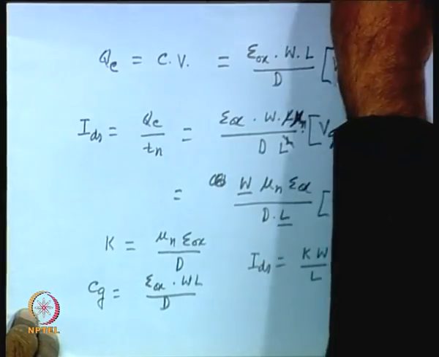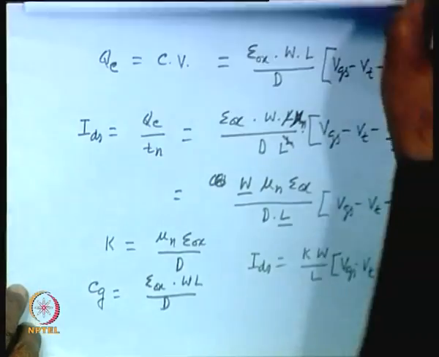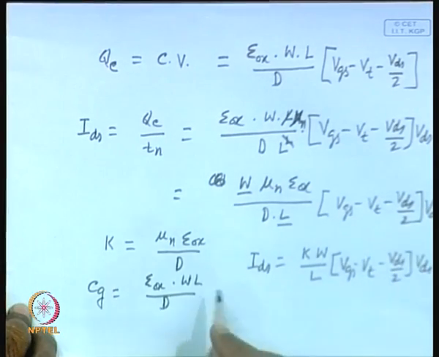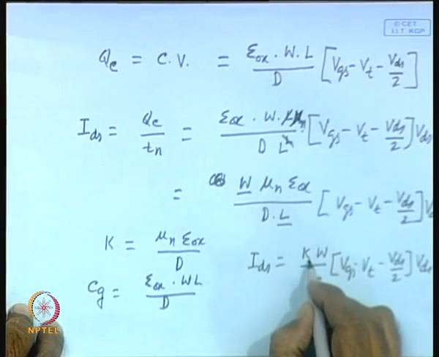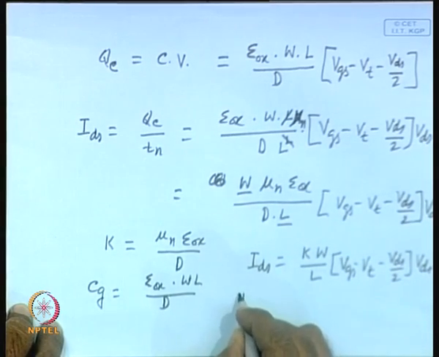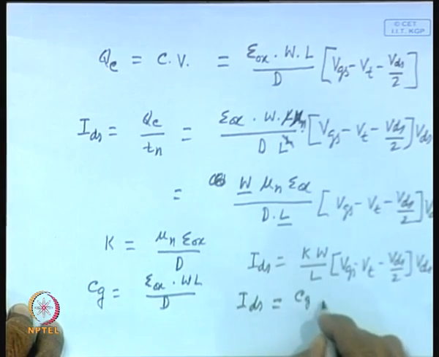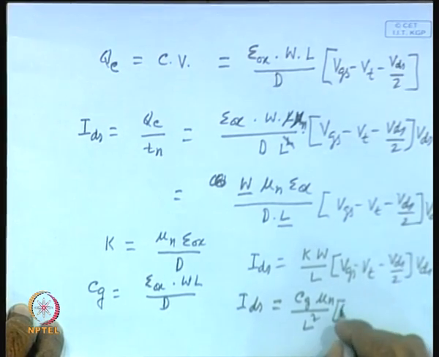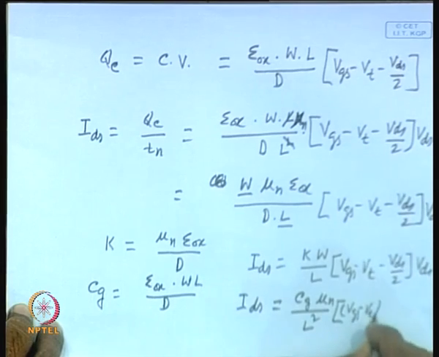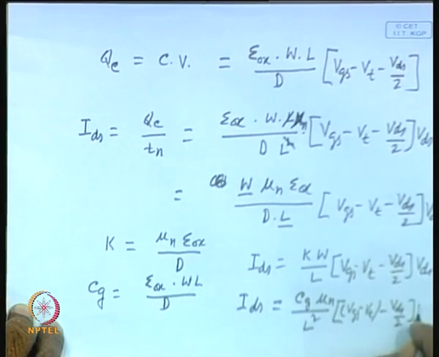It is epsilon A by D, where A is equal to W into L. So, we can also express I d s in terms of K and in terms of C G. I d s is equal to C G mu n by L square into (V G S minus V T minus V D S by 2) into V D S.